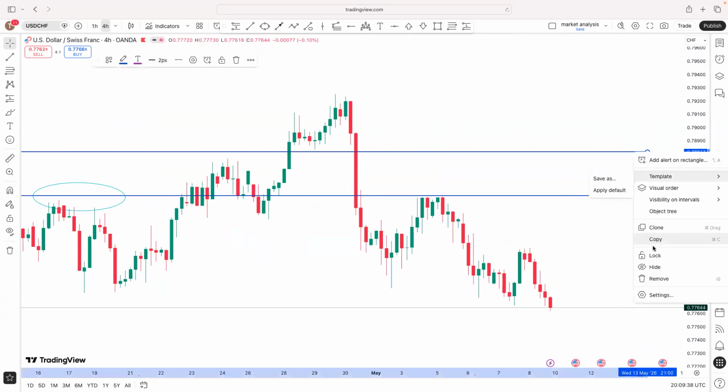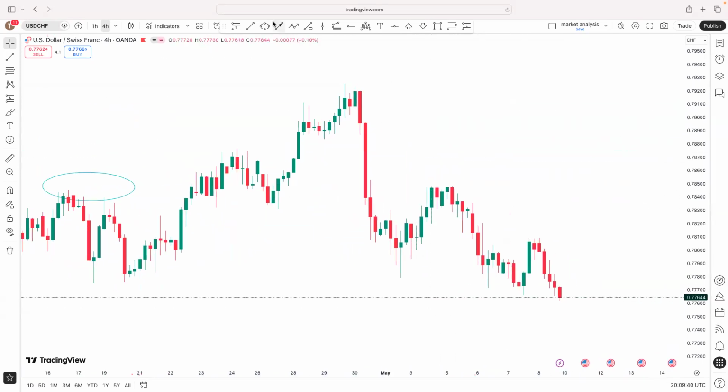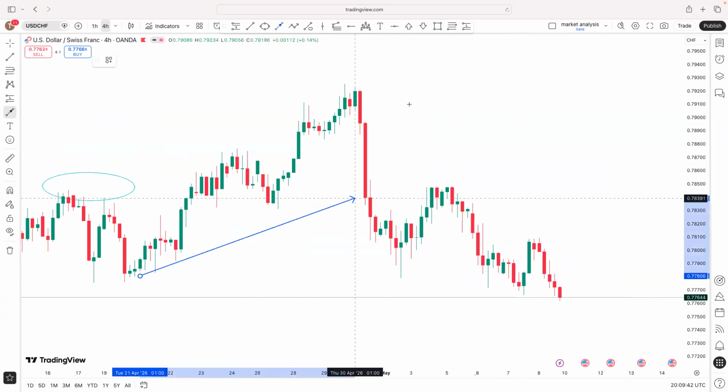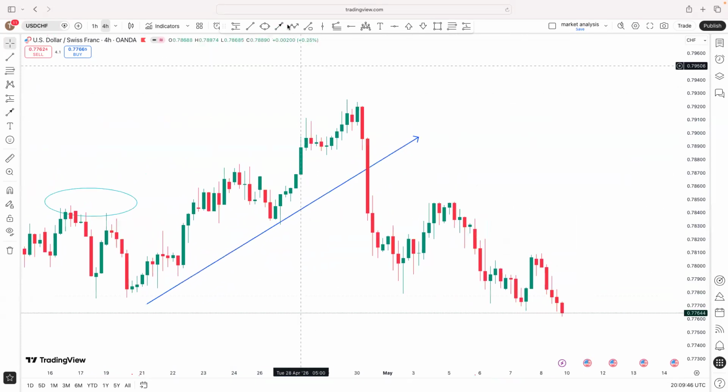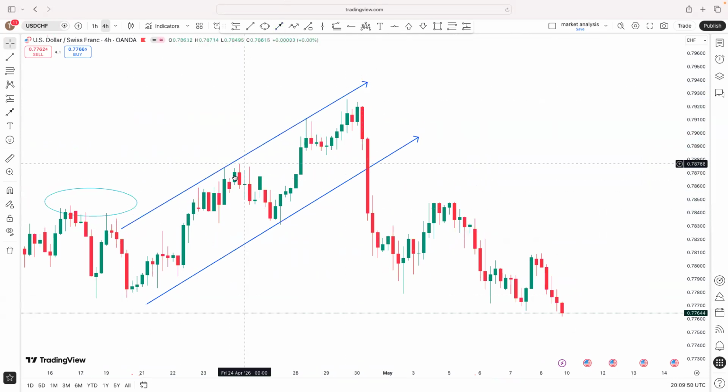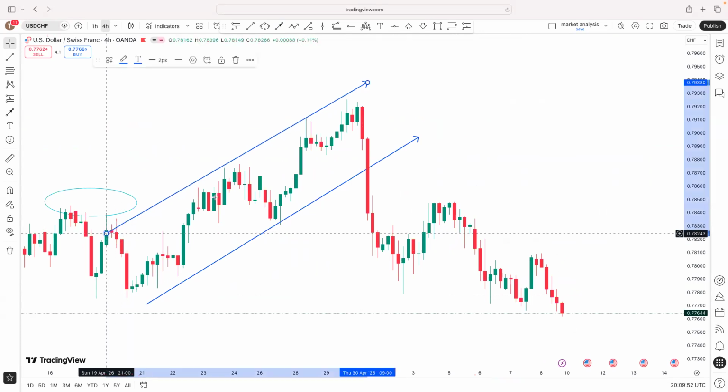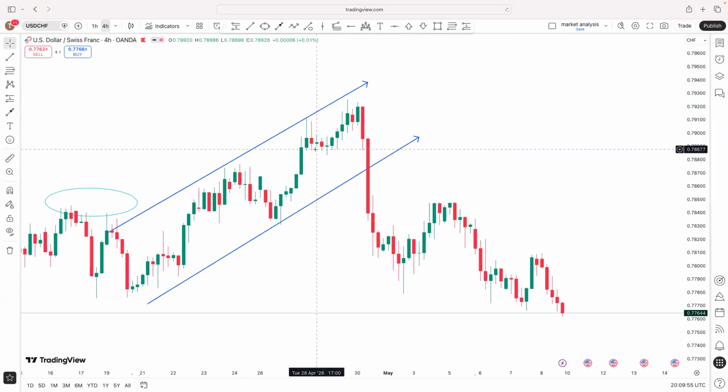Let's remove this for a second. So this was the uptrend, I meant to say, sorry. This was the uptrend that I spoke about last week. I'm going to do the full market breakdown tomorrow, but right now I'm just trying to summarize so that you guys can understand what I am talking about.